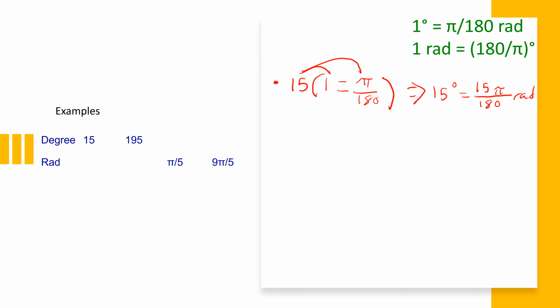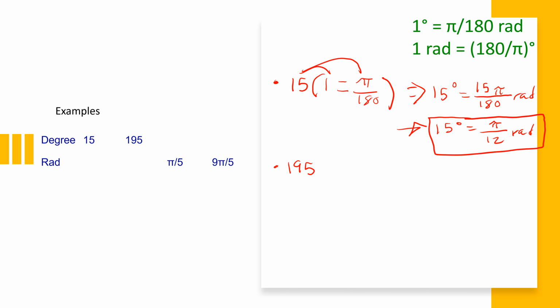If I simplify 15 over 180, I get 15 degrees equals pi over 12 radian, because 15 over 180 simplifies to 1/12. So that's my answer.